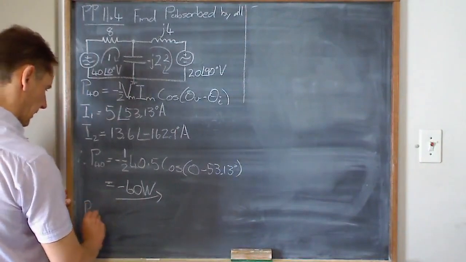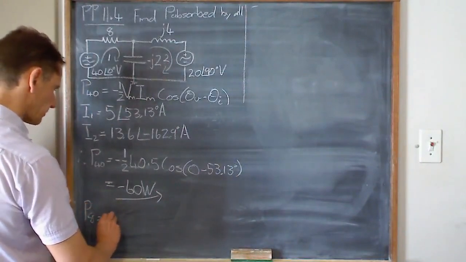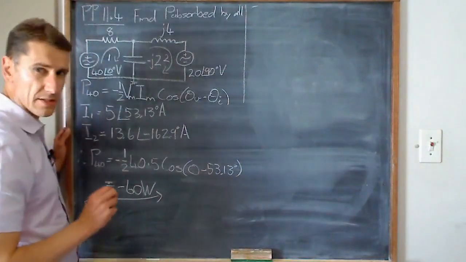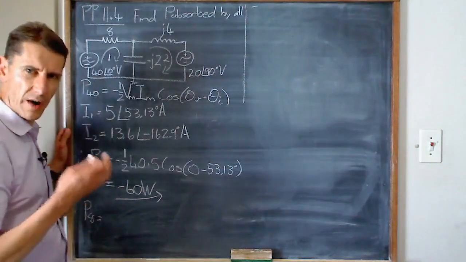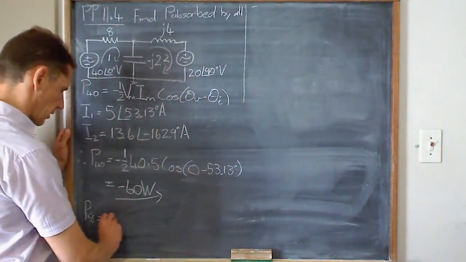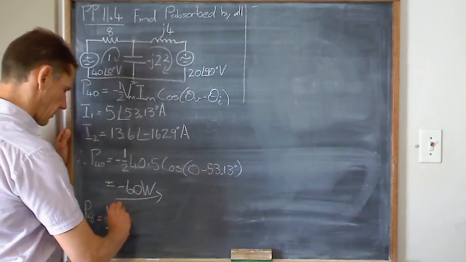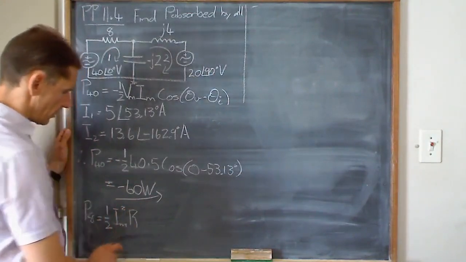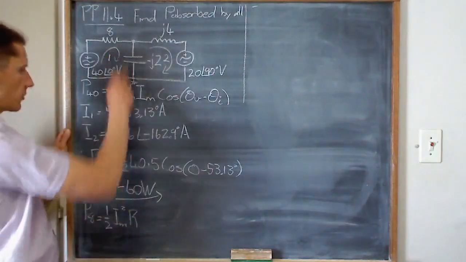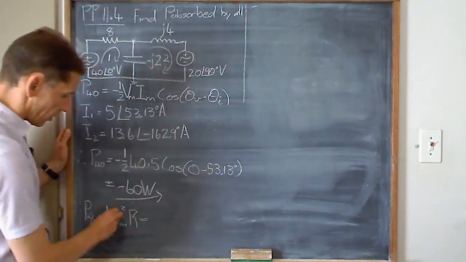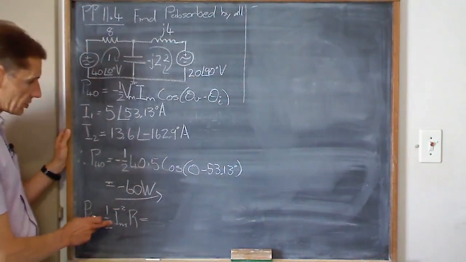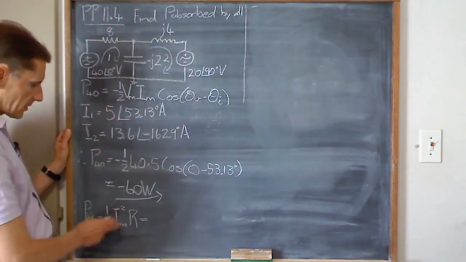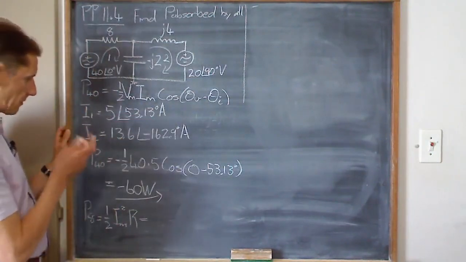So P for that 8 ohms is going to be, now remember this just from school, you know the I squared R equation. So now it's going to be half IM squared times the resistance. Now what current is flowing through it? It's I1. Now this is magnitude, hey? IM, VM, and this IM, that's just the magnitude.